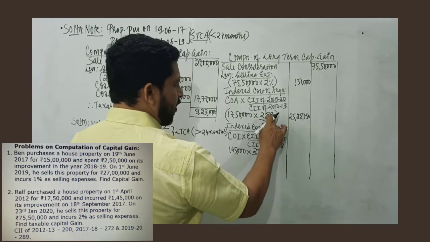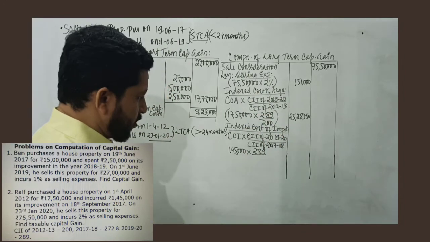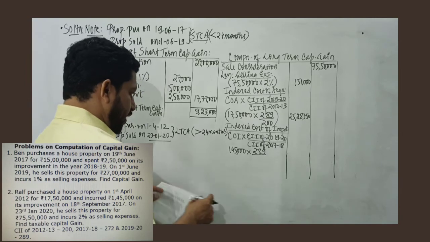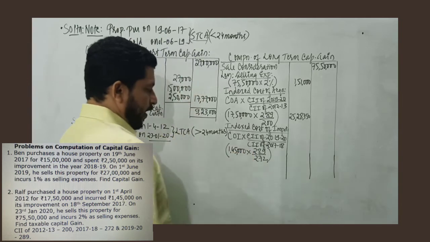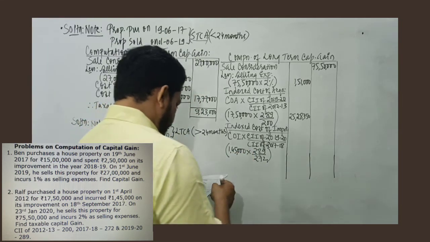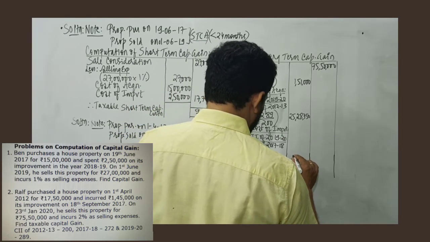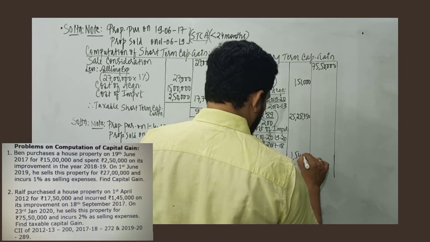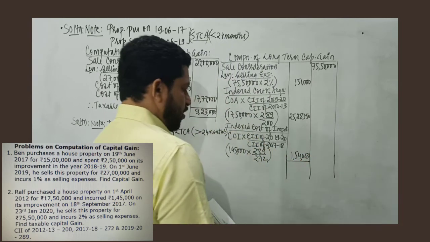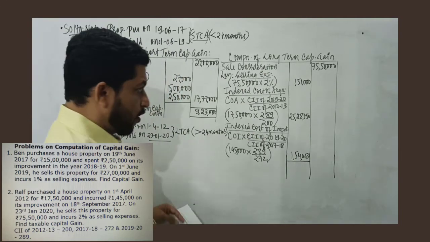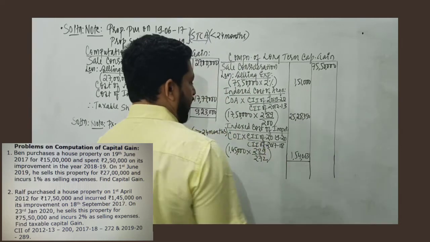As I said, the numerator will remain the same because it is the year in which transfer happened, that is current previous year 289, and CII of 1718, as given in the problem, is 272. So 1,45,000 into 289 divided by 272 would give you 1,54,063. So we'll have to add up all these numbers and deduct it from 75,50,000.